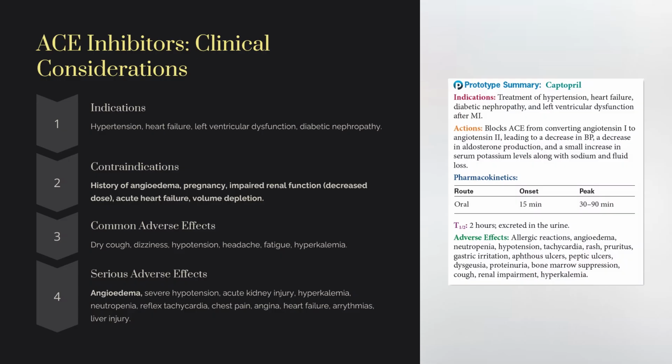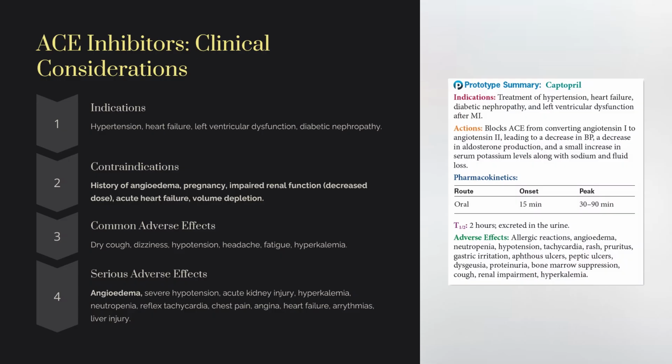So indications when we might give these: hypertension, heart failure, diabetic nephropathy because it can protect their kidneys, and if they have left ventricular dysfunction. Times when I would not give this: if they have a history of angioedema, especially, we're just going to say period, but if that was caused by a medication, specifically an ACE inhibitor or something affecting that RAAS, we would not want to administer this to them.